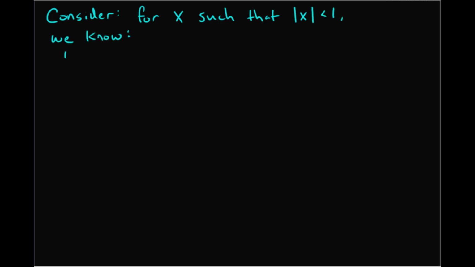So to see how Euler approached the problem, let's start with the geometric series. Consider the following. We know that for all x such that the absolute value of x is less than 1, the function 1 over 1 minus x is equal to the infinite series 1 plus x plus x squared plus x cubed plus x to the fourth, and so on.